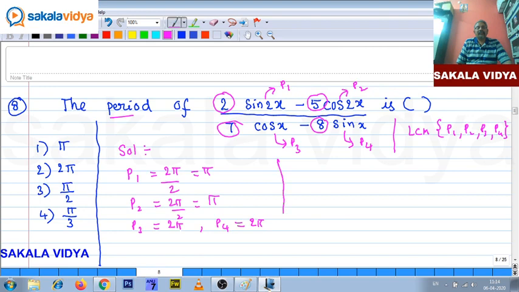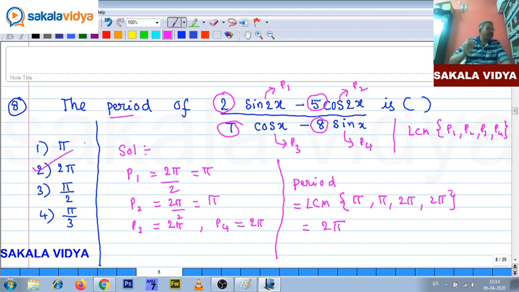So that means now the required period is equal to LCM of pi, 2 pi and 2 pi. That means 180, 180, 360, 360. Pi divides 2 pi. So that means this is equal to 2 pi. So second option is the right option.